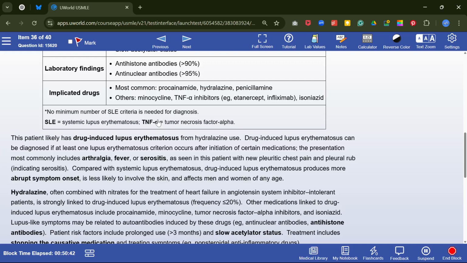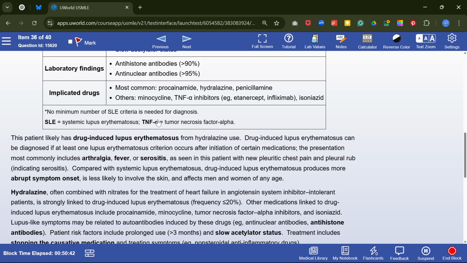Drug-induced lupus can be diagnosed if at least one of the lupus criteria occurs after initiation of certain drugs, like fever, arthralgia, serositis, as seen in this patient with new pleuritic chest pain and pleural rub.